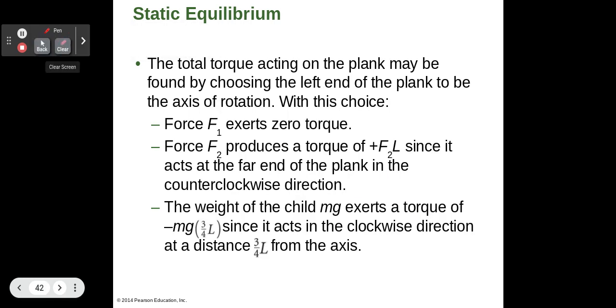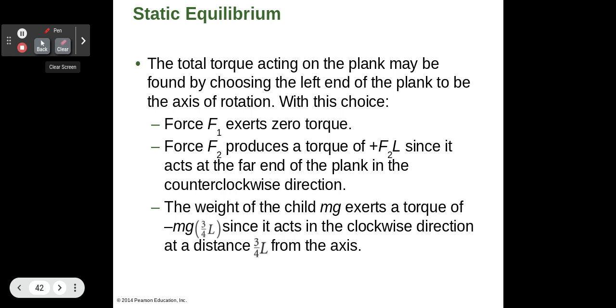So to make sure that we are in static equilibrium, and to see how much force we would have to put in to be in static equilibrium, we need to choose one of those forces, not one end, but we choose one force to be our axis of rotation. So if the kid wasn't sitting on it, pick a force, pick an end, which end would be our axis of rotation.